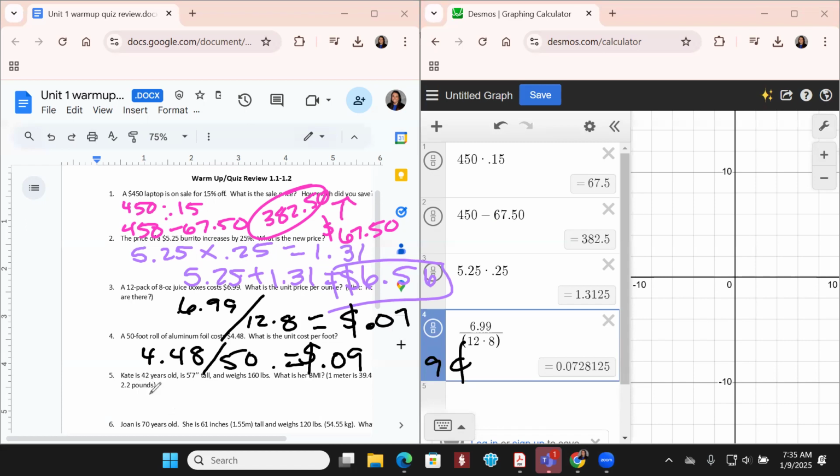So Kate is 42 years old and she's 5'7" and weighs 160 pounds. What is her BMI? So remember, 1 meter is 39.4 inches and 1 kilogram is 2.2 pounds. So we're going to convert this to inches first, and that's going to give me 67. Now, when we want to convert that to meters, we're going to divide 67 by 39.4.